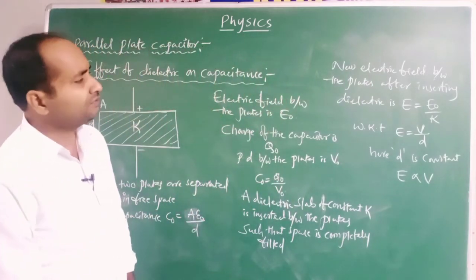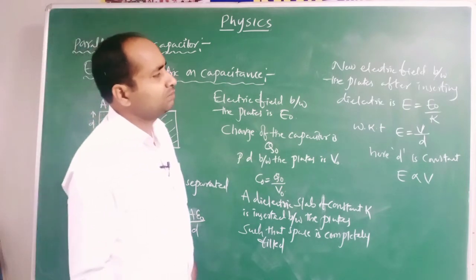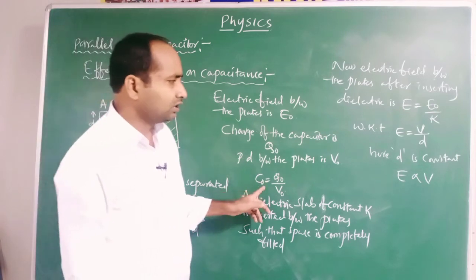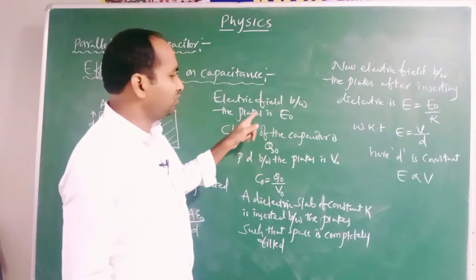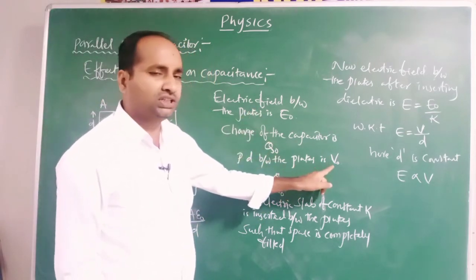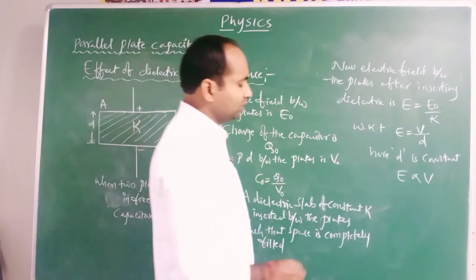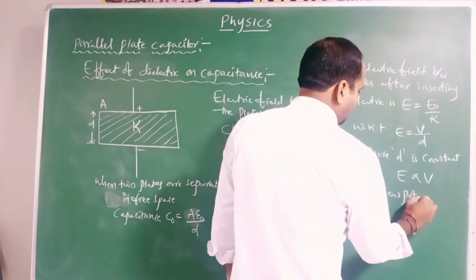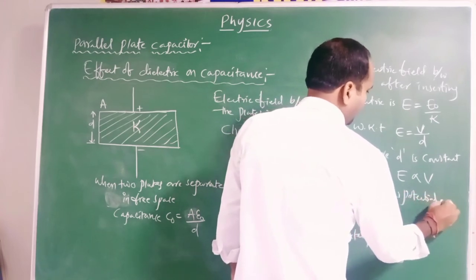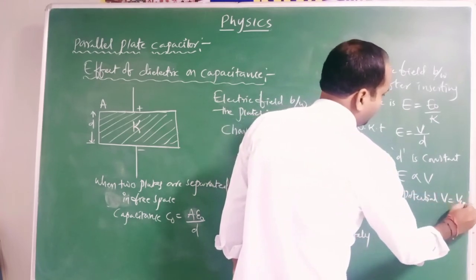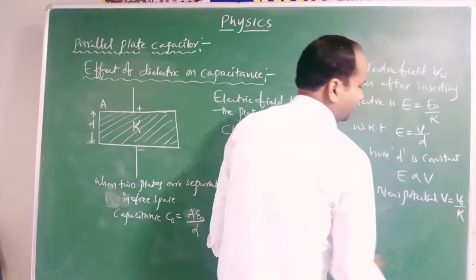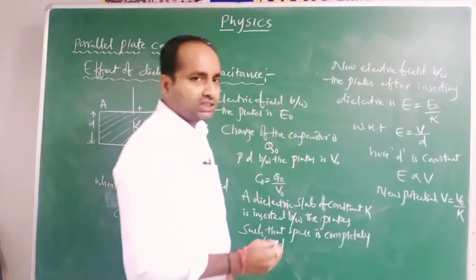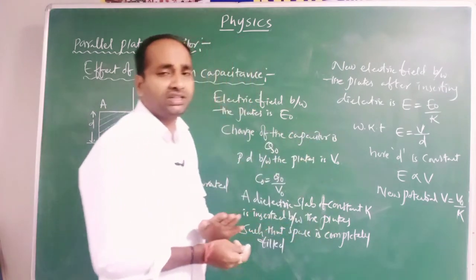After introducing the dielectric slab, the E value becomes E naught by K. Before introducing the dielectric slab, the potential was V naught. So the new potential becomes V equals V naught by K. But the charge of the capacitor cannot change.